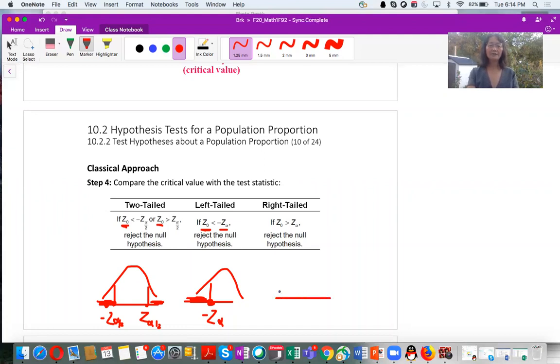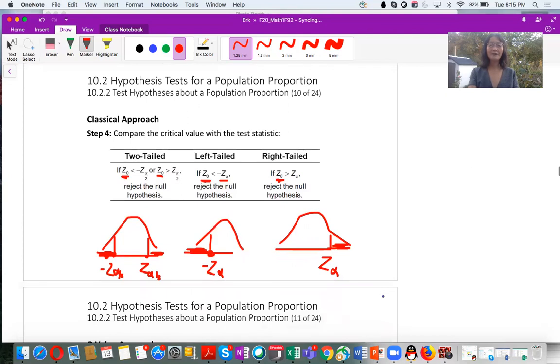Last one, the right-tailed test, and this is z alpha. If your test statistic z0 is greater than this one, meaning here, you reject H0. Remember, you reject H0, not H1. When you reject H0, you automatically accept H1.